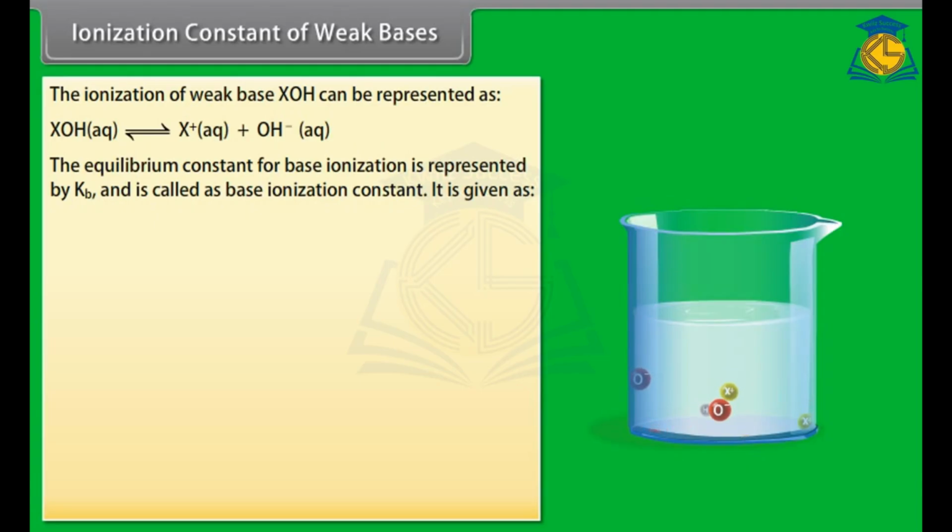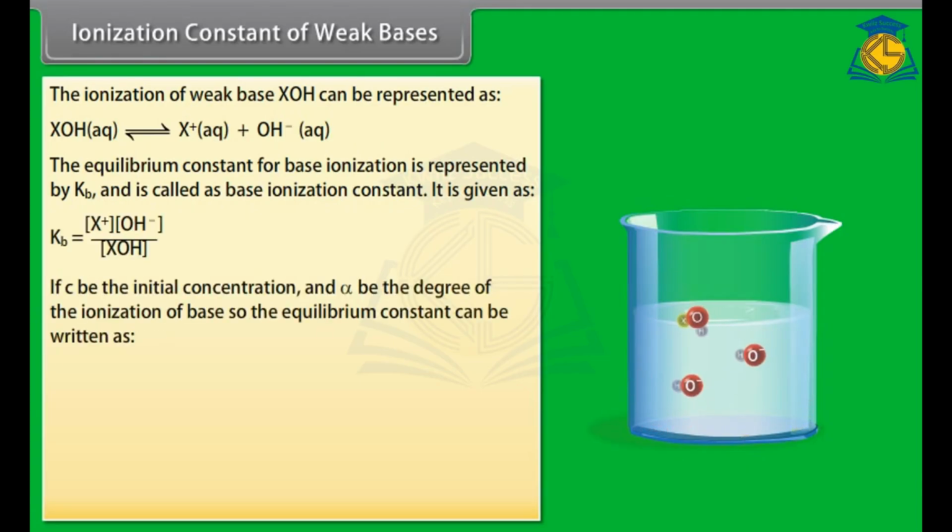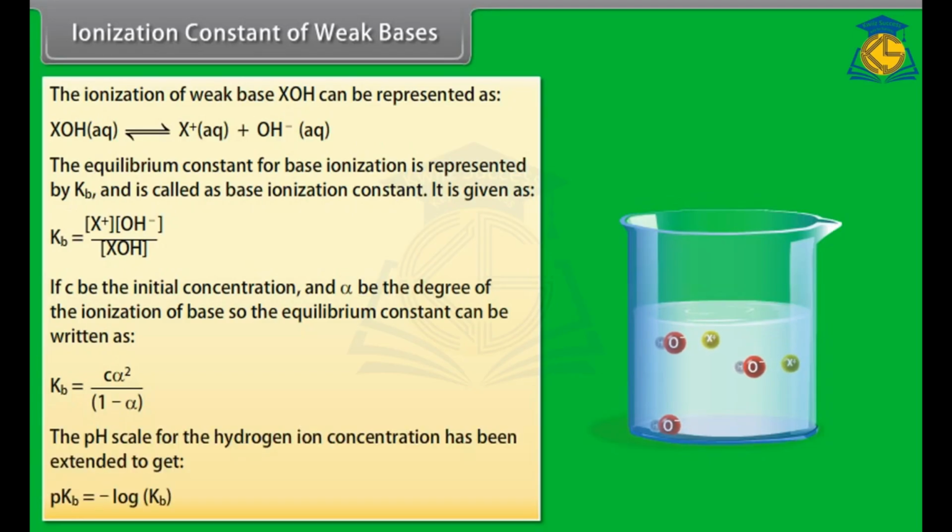If C is the initial concentration and alpha is the degree of ionization of the base, the equilibrium constant can be written as Kb is equal to C alpha squared by 1 minus alpha.